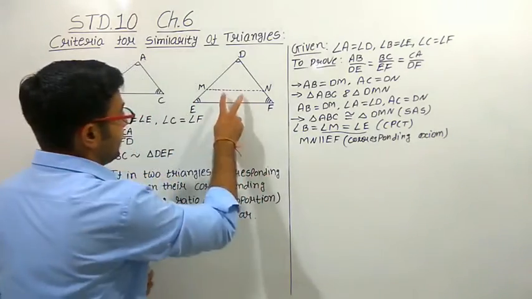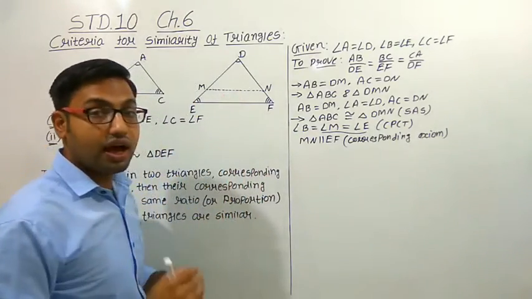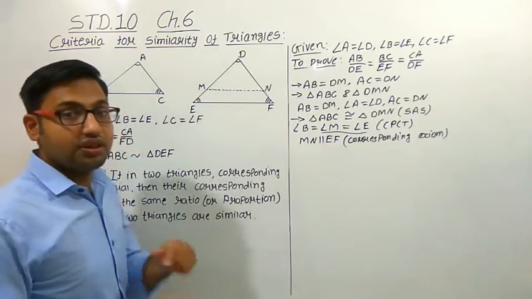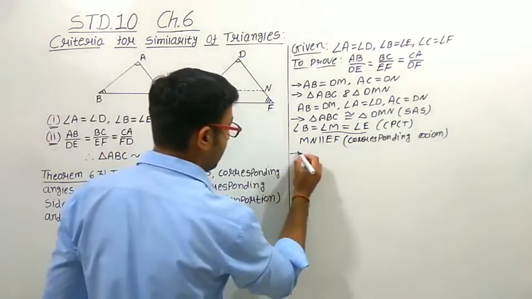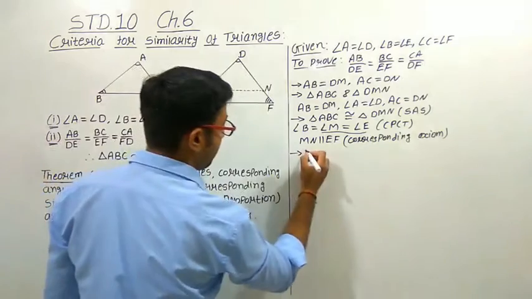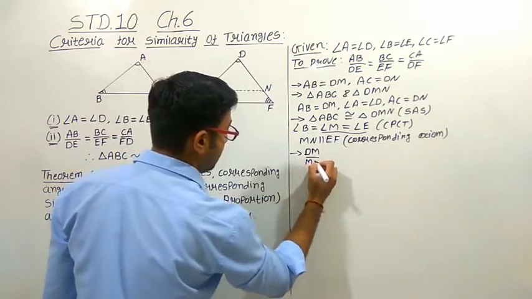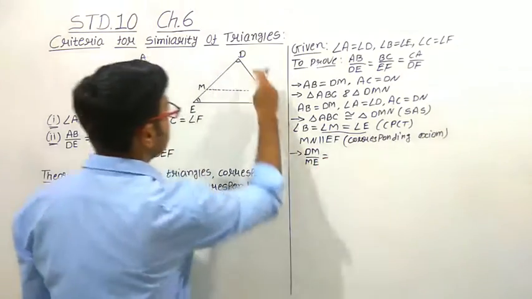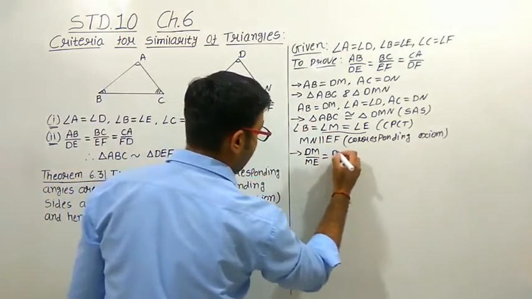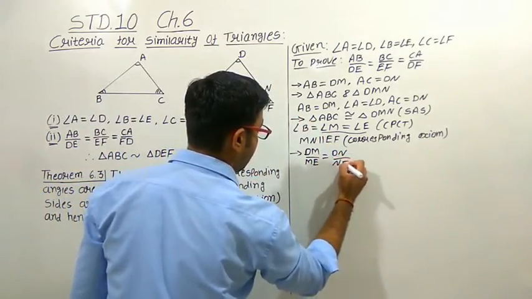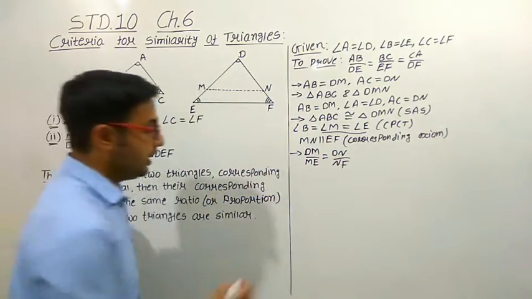Now see, MN and EF are parallel. So according to theorem 6.1, now we can write down that DM upon ME is equal to DN upon NF, right?